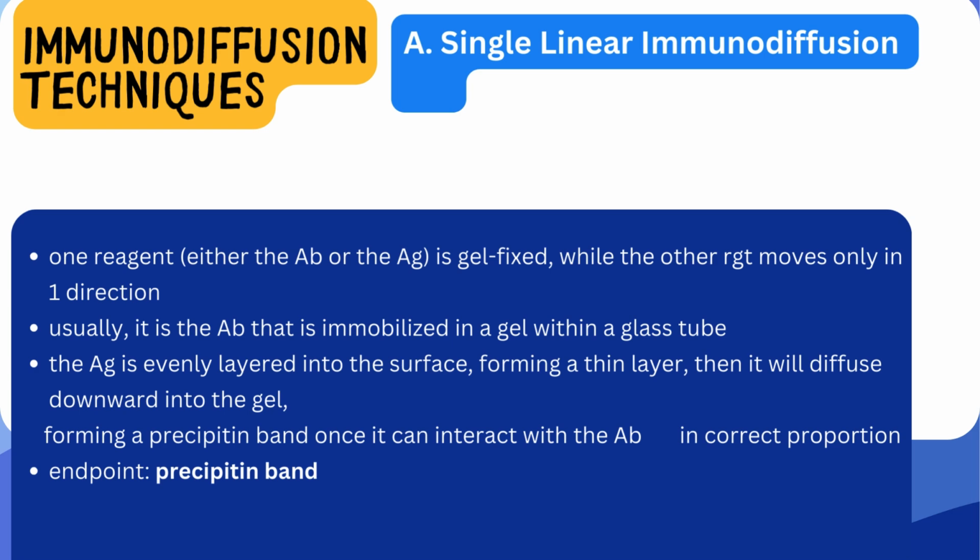The antigen is evenly layered on the surface, forming a thin layer that diffuses downward into the gel. When the antigen interacts with the antibody in correct proportions, a precipitin band forms, marking the endpoint of the reaction. So if you will be asked in the exam, what's the endpoint of single linear immunodiffusion? The formation of a precipitin band.